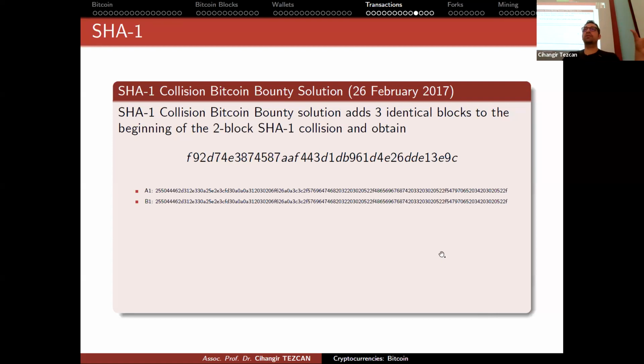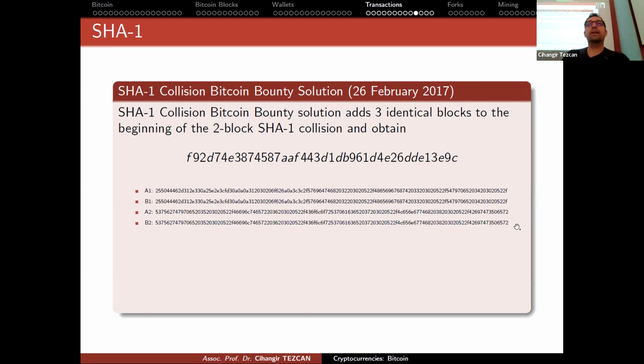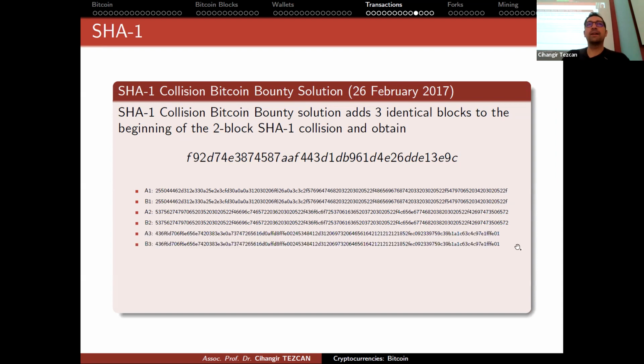So what they do is as follows. They take 2 messages A and B, and the first blocks of A and B I write as A1 and B1. I took this from the Bitcoin blockchain, by the way. I don't know if you can see it, but these 2 blocks are identical. So they start with the original IV. The first block is like this. Second block, again, identical. Third block is identical.